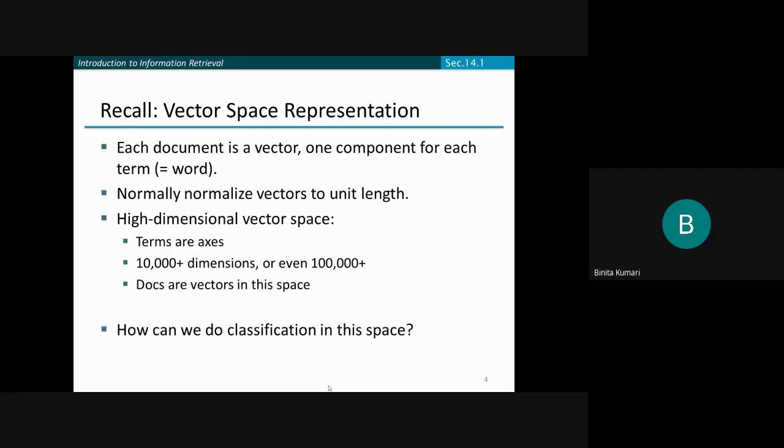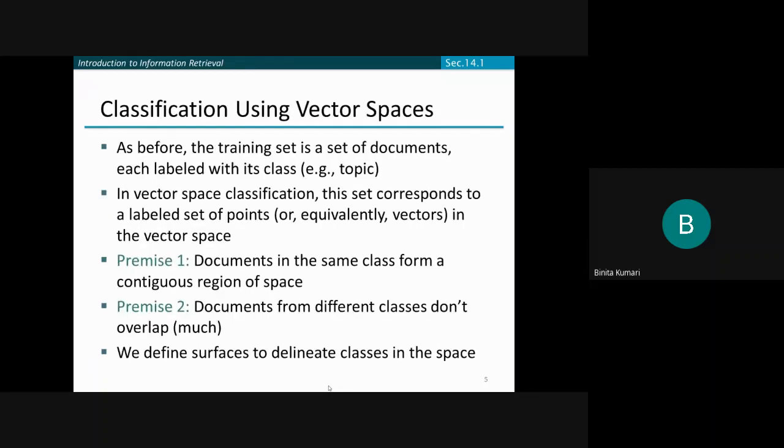So basically the documents are vectors in this v-dimensional space. So many documents are represented there, and there are also many dimensions. That is why it is known as v-dimensional. Now how do we go for classification in this space?